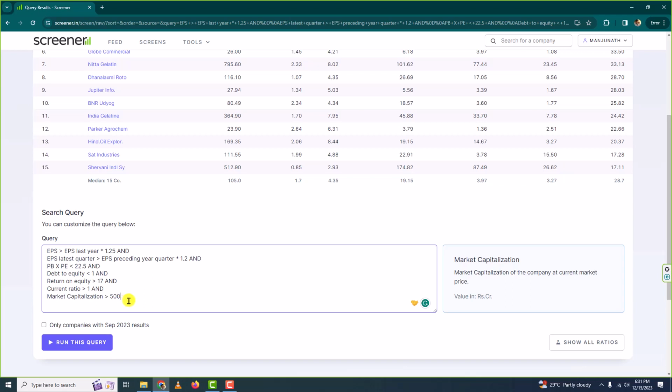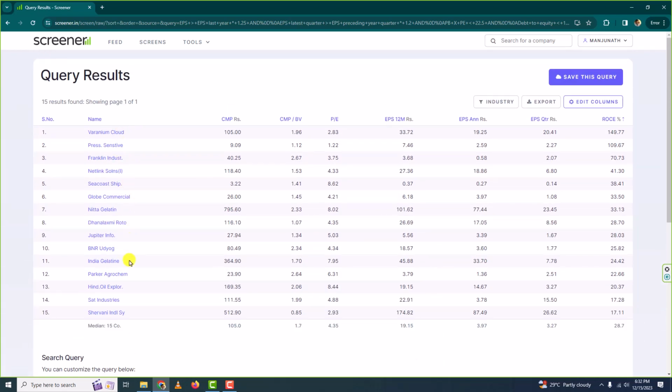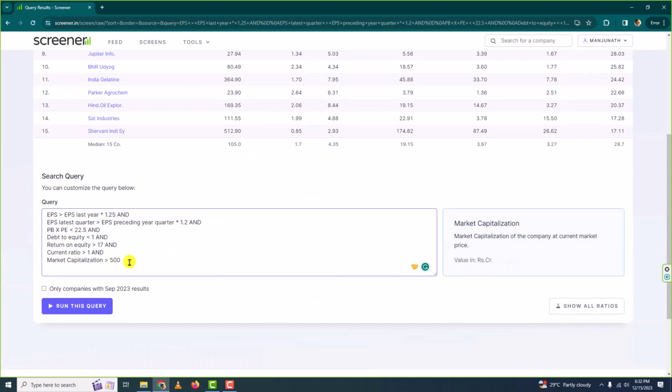This is because I do not want any small cap companies. There are possibilities of manipulating the sheets, account statements, and also the share price of small cap companies, and I do not want to take that risk.